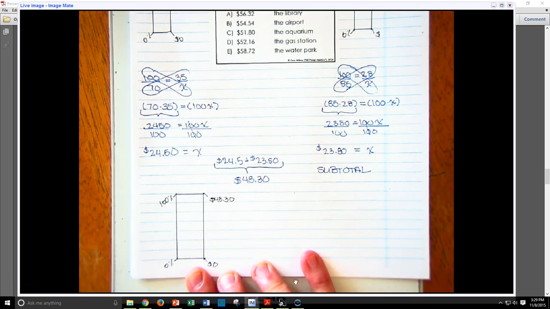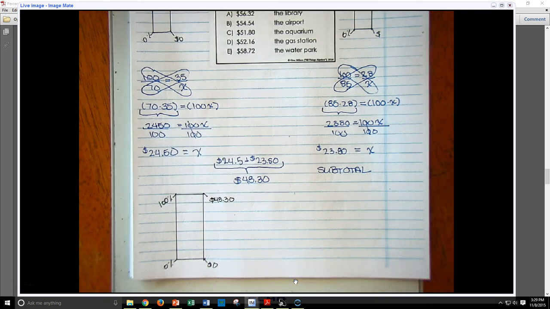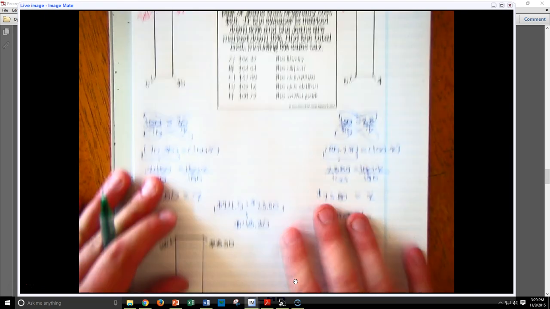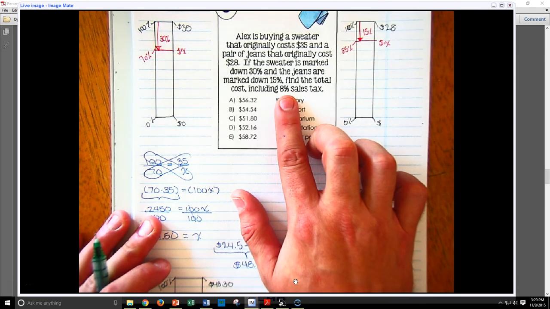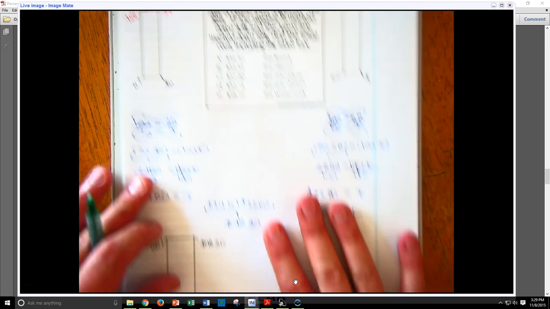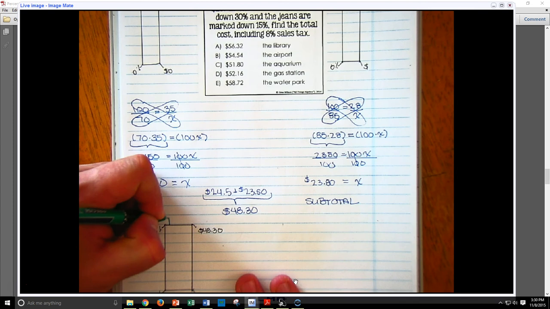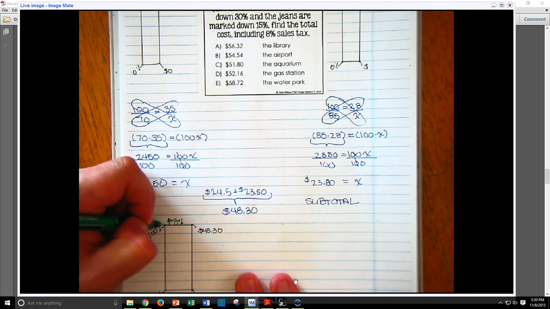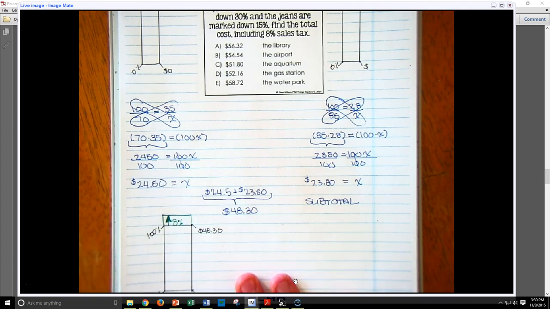Previously I mentioned, tax causes the price of things to go up. And in this case, we have to go back to our problem, and it says we are adding a sales tax of 8%. So we're increasing our percentage by 8%. Well, if we go up 8%, I'll make my arrow a little bigger. There we go. Up 8%.